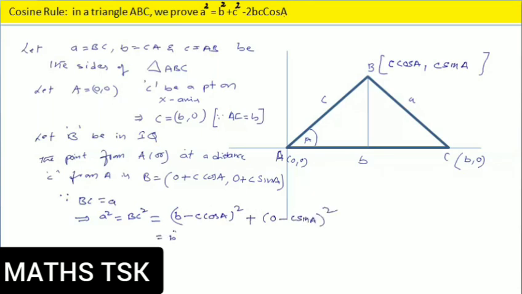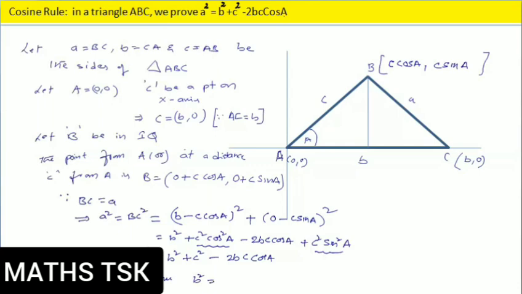This becomes b square plus c square cos square A minus 2bc cos A plus 0 minus c whole square is c square sin square A. There is b square. Look into the underlined terms. When you take c square common, it becomes plus c square into sin square A plus cos square A is 1, minus remaining is minus 2bc cos A. This is a square.